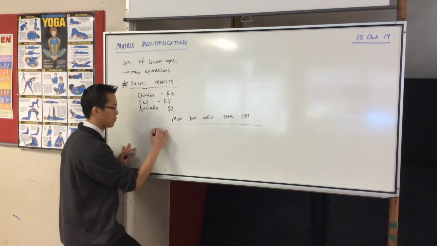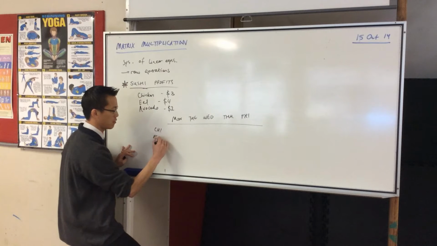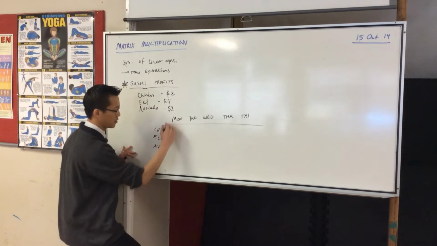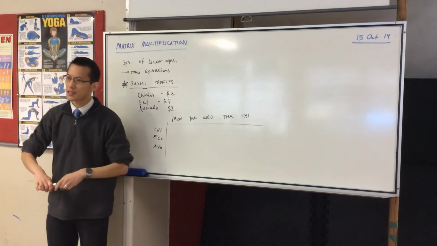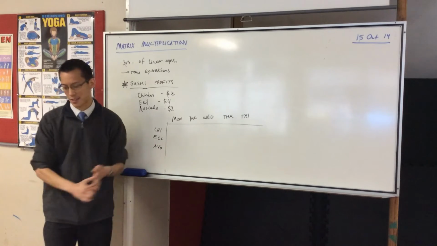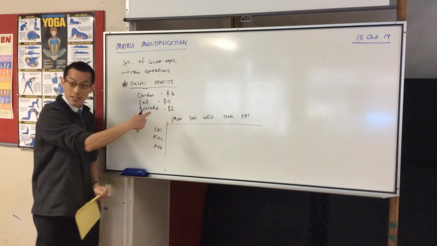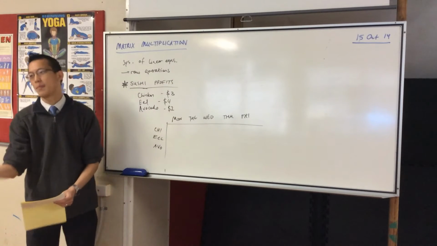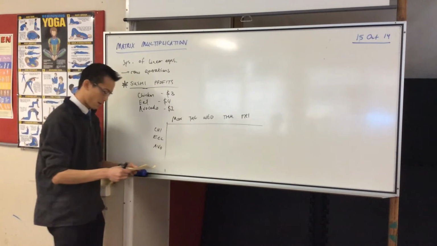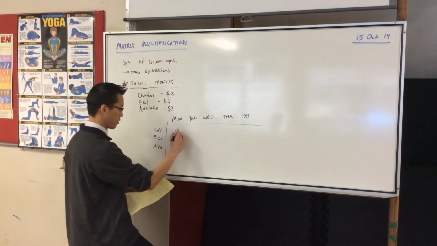So I'm going to have my chicken here, my eel, and my avocado ones here, right? Now, so that we can work with this and get some concrete numbers, I've made up some data, okay? So not only have we got these prices, but let me show you how much we've sold each day. So, here we go, here's some information for you.